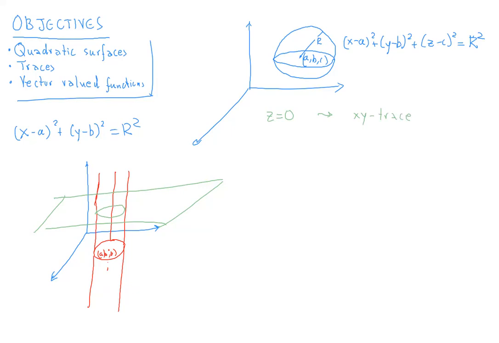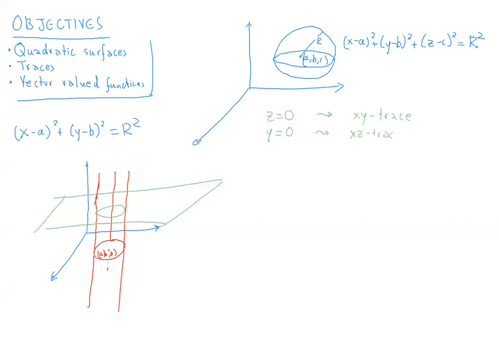If we take the intersection with the xz plane, which is defined by the equation y equals 0, then we get the xz trace.